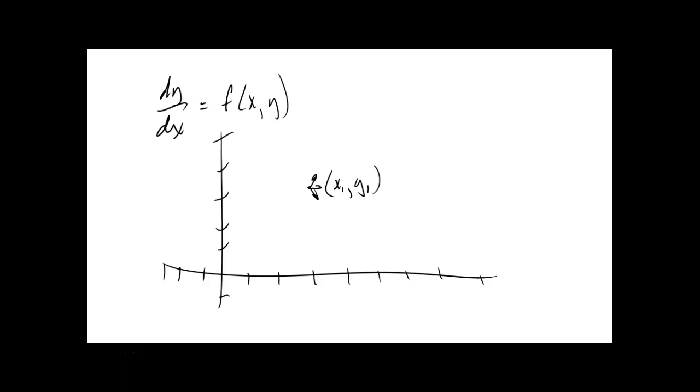The derivative dy/dx of a differential equation, y equal to y of x, gives slopes of tangent lines at every point on the graph, as long as you don't have 0 in the denominator. So you can talk about that function f of x, y as being the slope function, because that's what it's describing.